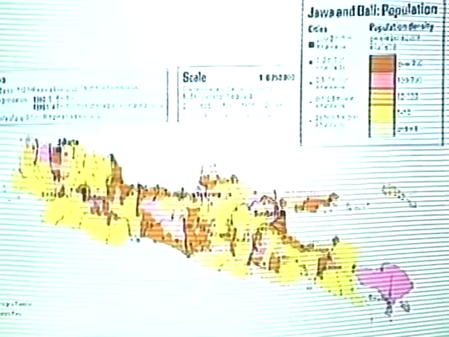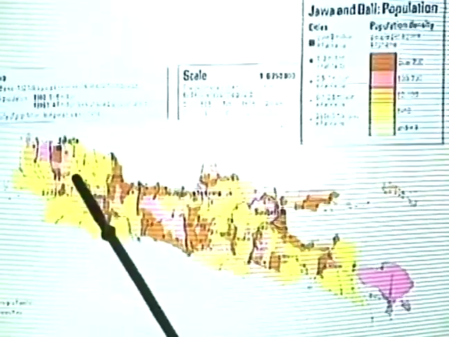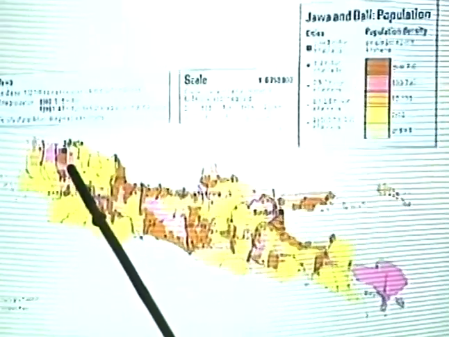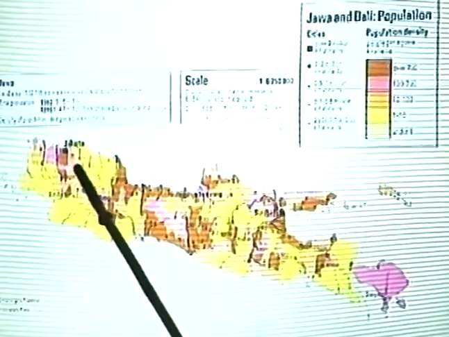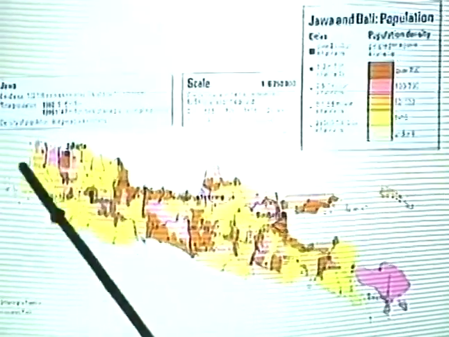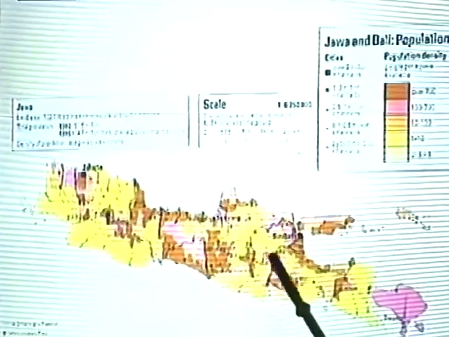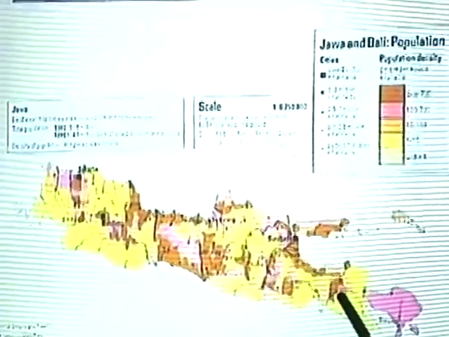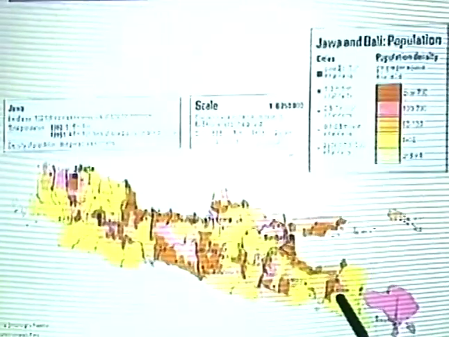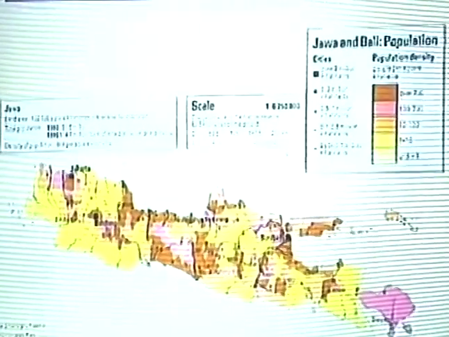We have to identify some of those places. Sorry, it's not dark orange, it is a little bit more brown, the brown color. You would note also that the brown colors also show us some of the main cities or urban areas on the island of Java.